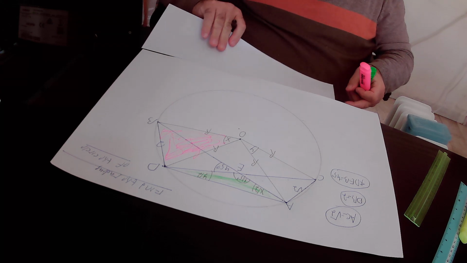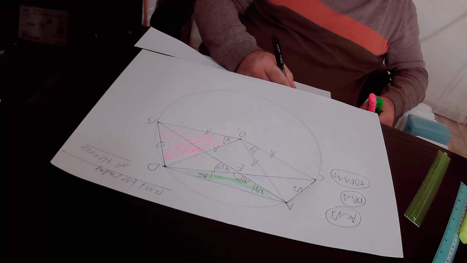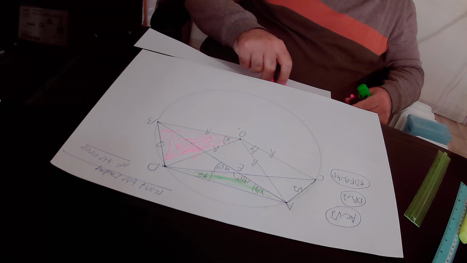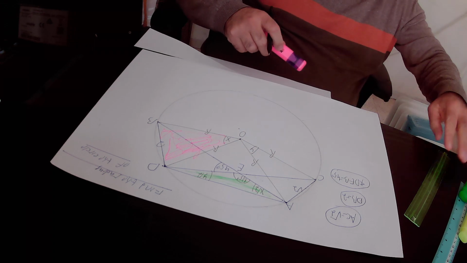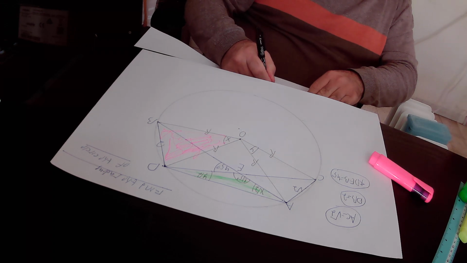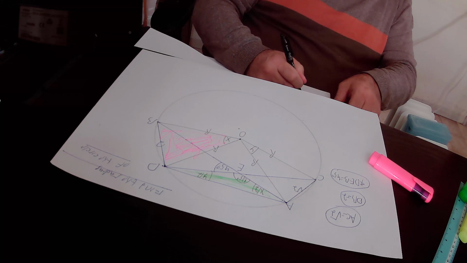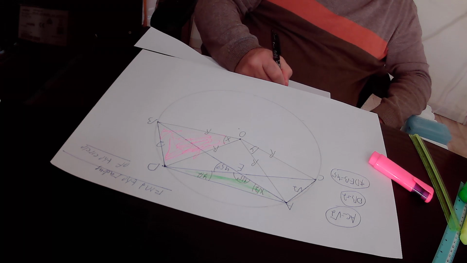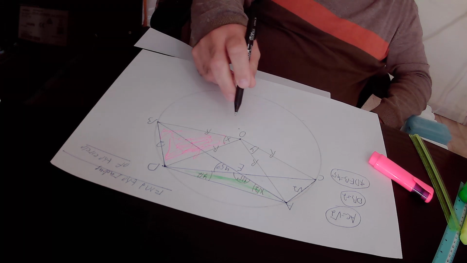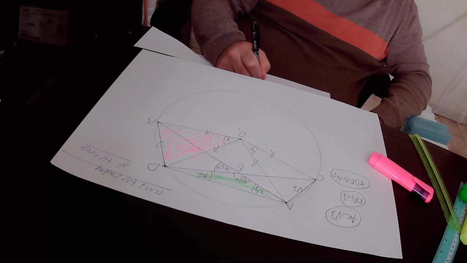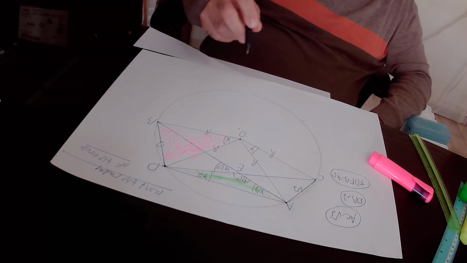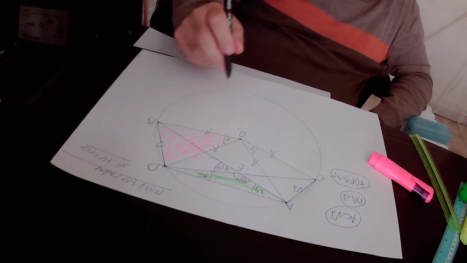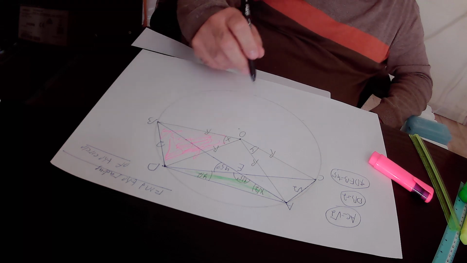So on the pink triangle, triangle DOB, according to the law of cosines, you get that cosine x equals r squared plus r squared minus 2 squared. 2 squared is 4. So it is r squared plus r squared minus 4 over 2 times r times r.